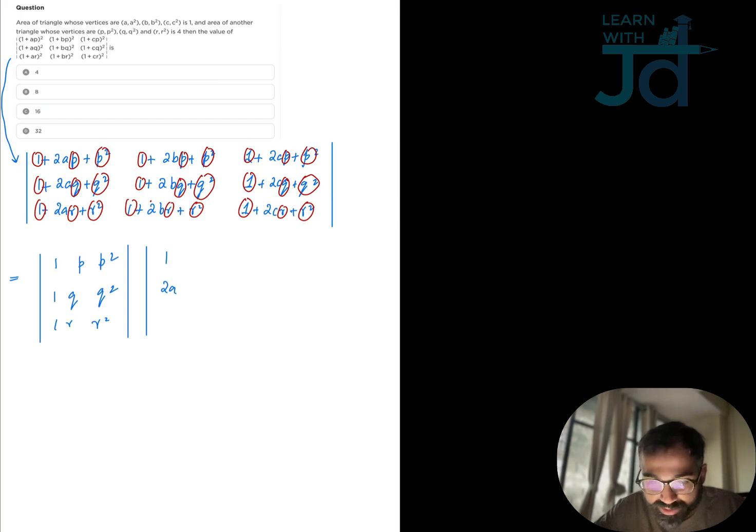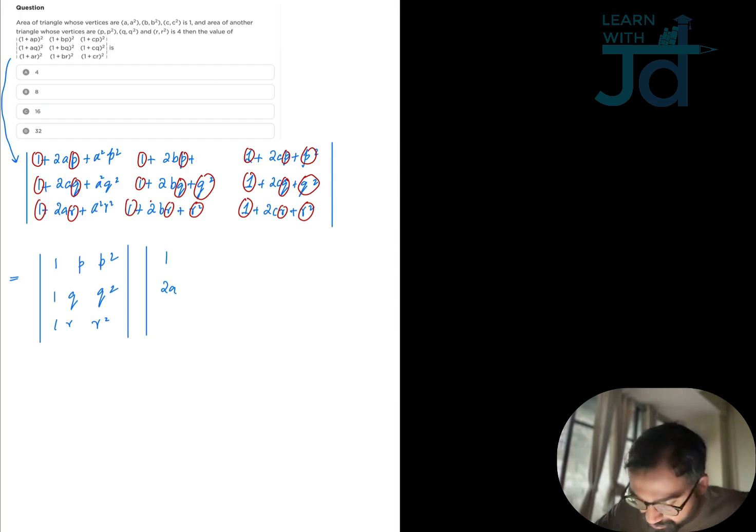Oh sorry, I have made a big gross mistake. Okay, so this is actually a square p square, a square q square, and a square r square, and so on.